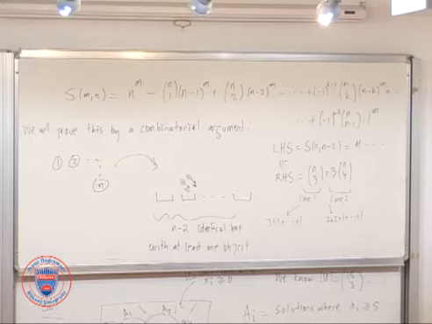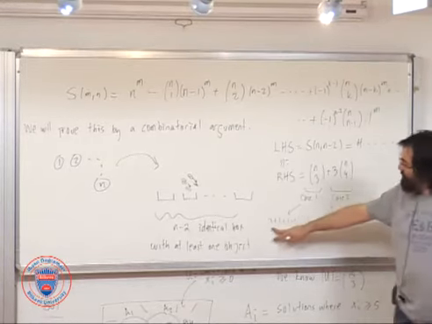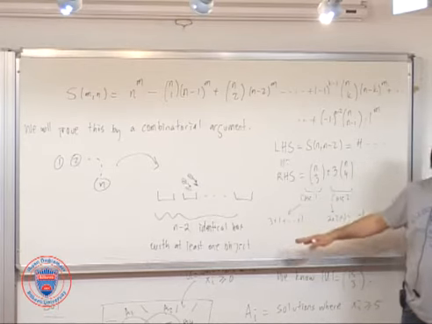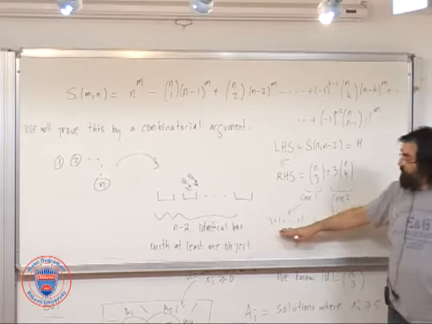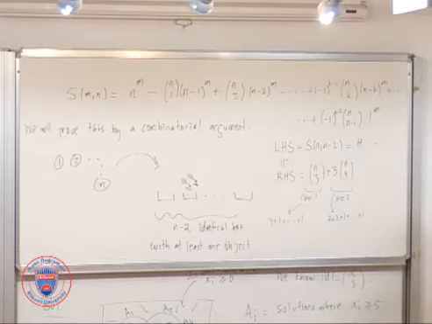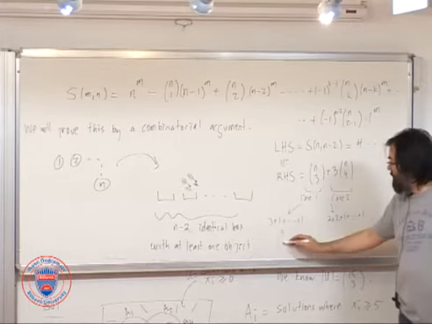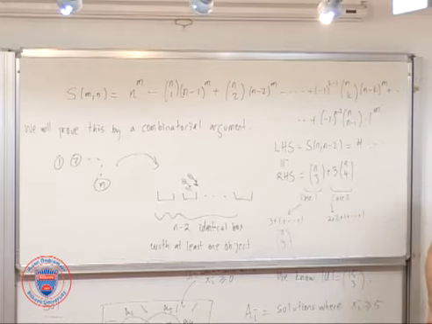If the boxes are not labeled, boxes are not important, how can you decide a distribution like this? What do you need to do? Choose 3 people who will be in the same box. As long as they know they will be in the same box, if the boxes are not labeled, that's exactly this distribution. That's why it's n choose 3.